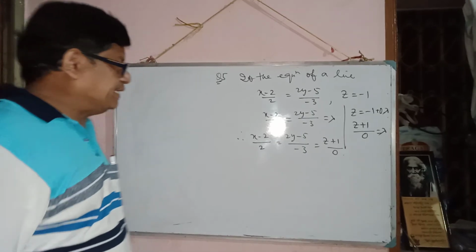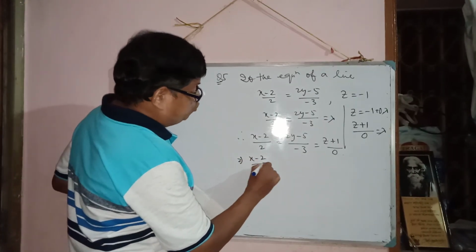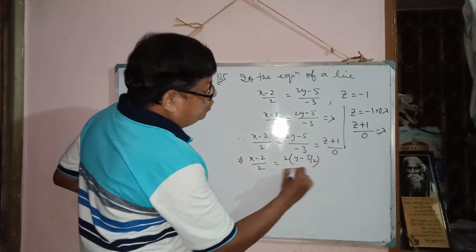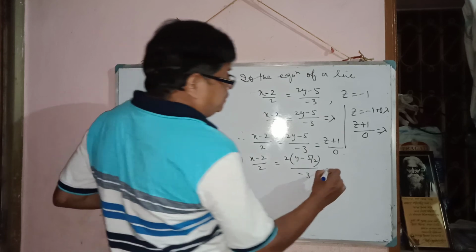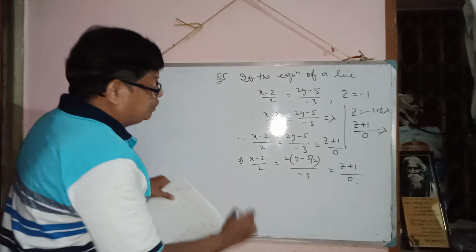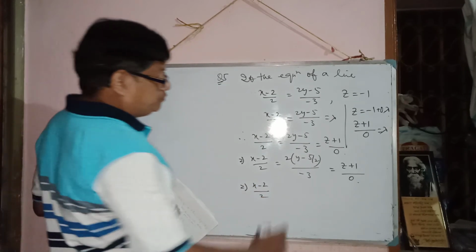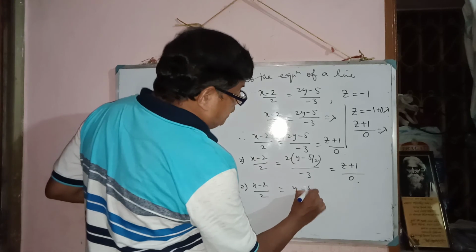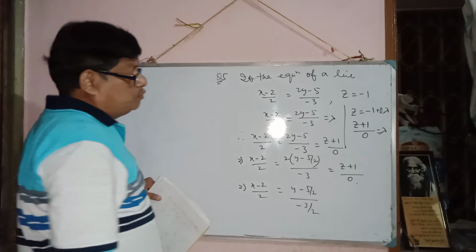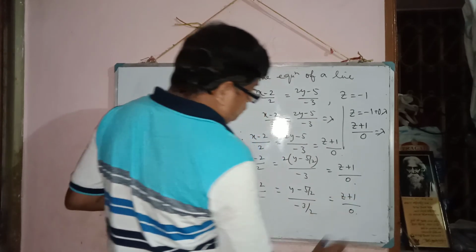Here x minus 2 by 2; take 2 common, y minus 5 by 2 over minus 3 by 2; equal to z plus 1 by 0.